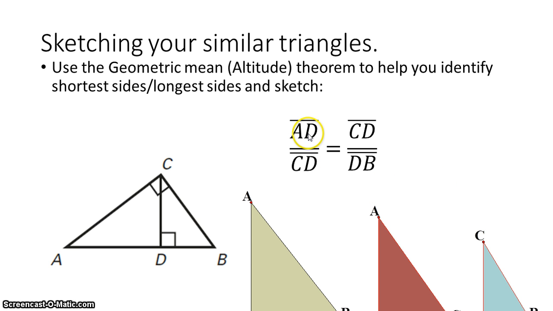Okay, so if I look at AD to CD, where are AD and CD in the same spot? Here and here. So I'm comparing medium triangle to small triangle.